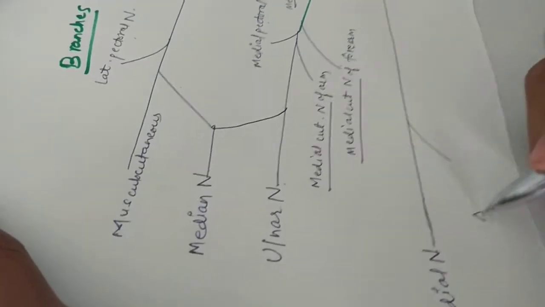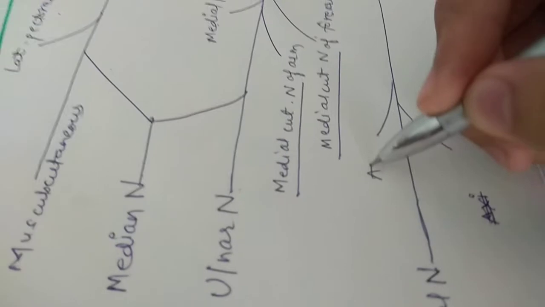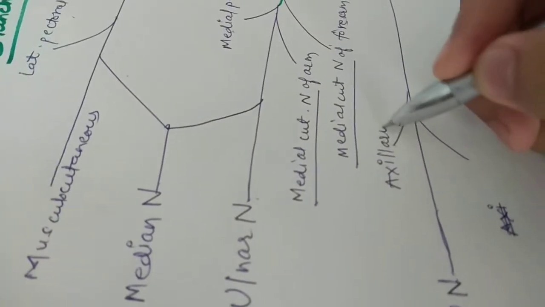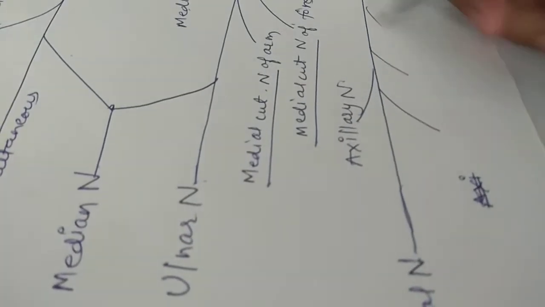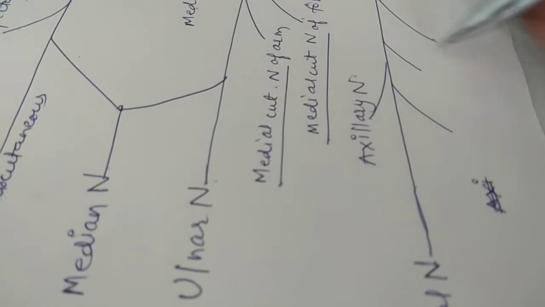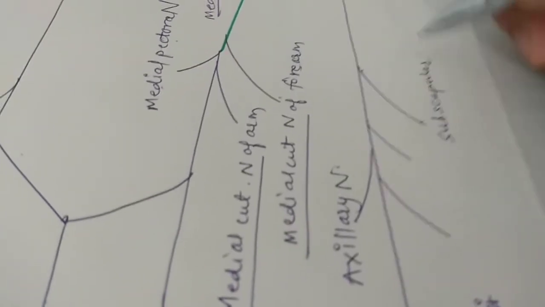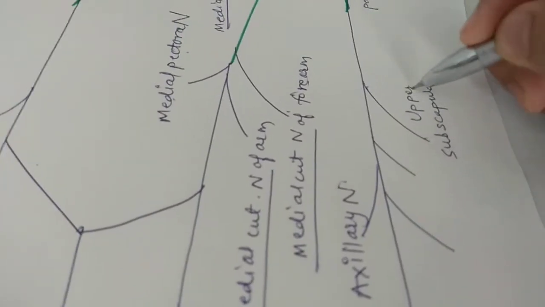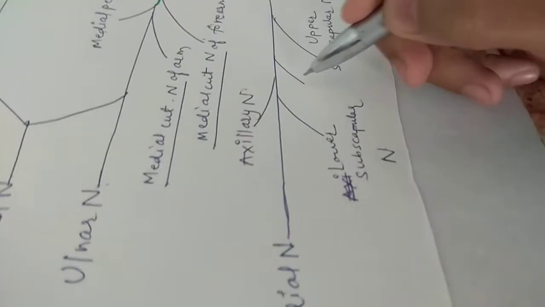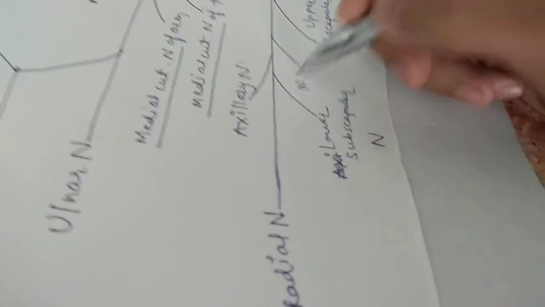Its branches are axillary nerve, we can name it on the upper side so that we have space, and 3 lower: the upper subscapular nerve, lower subscapular nerve, and the nerve to latissimus dorsi.